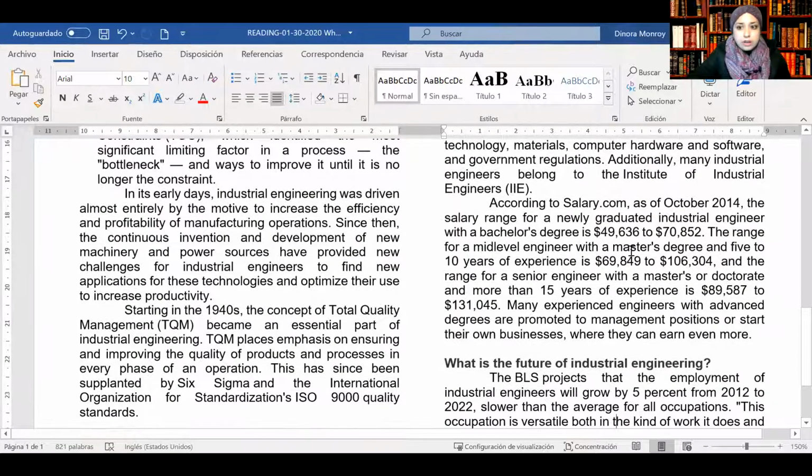According to salary.com, as of October 2014, the salary range for a newly graduated industrial engineer with a bachelor's degree is $49,636 to $70,852.